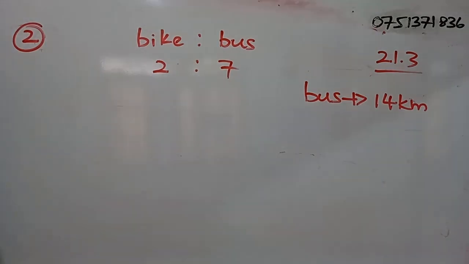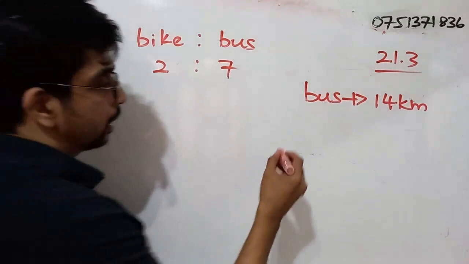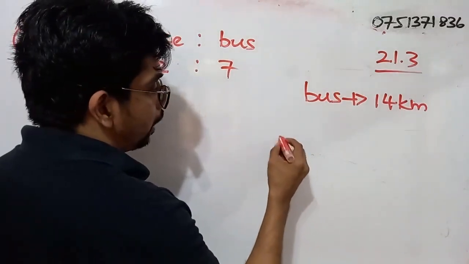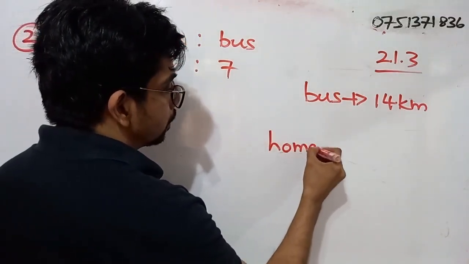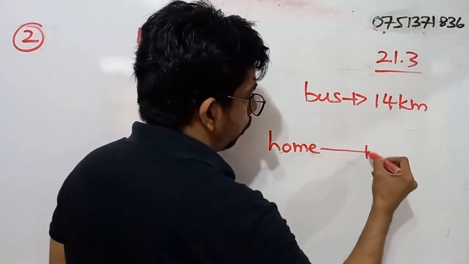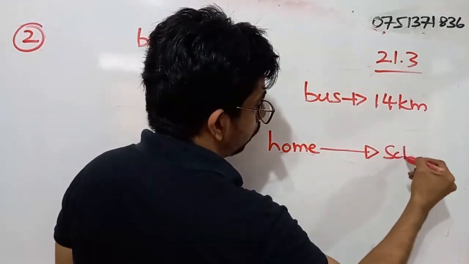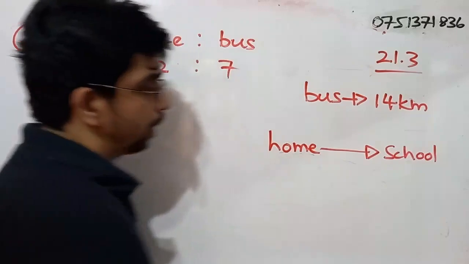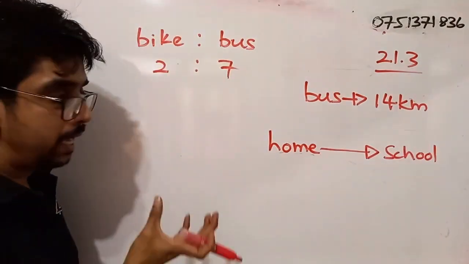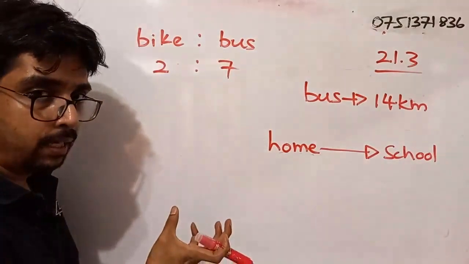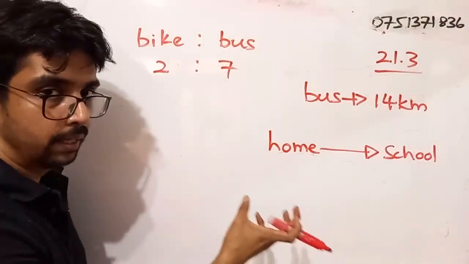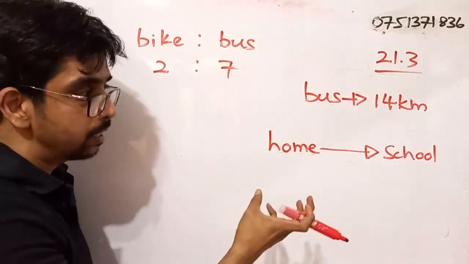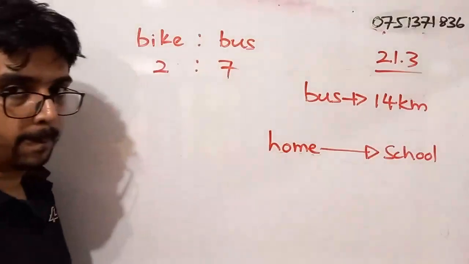So basically, what are they asking? Sirimal travels from home to the school. First of all, he takes the bike and rides to the bus halt. Then he takes a bus to the school.